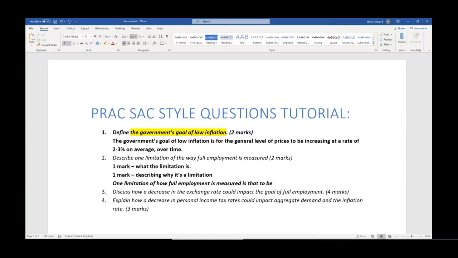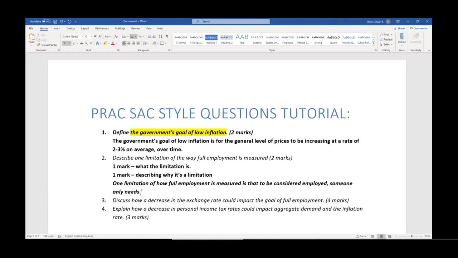to be considered employed, someone only needs to be working 1 hour per week in the survey week.